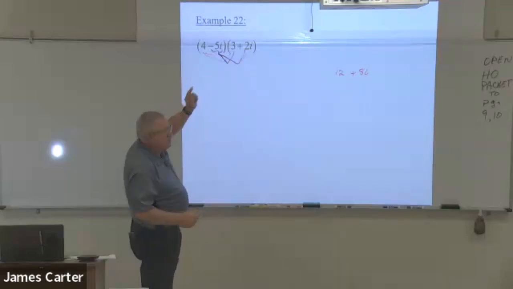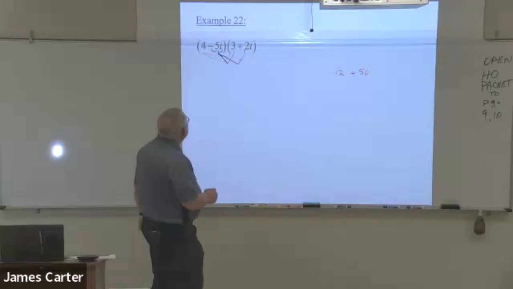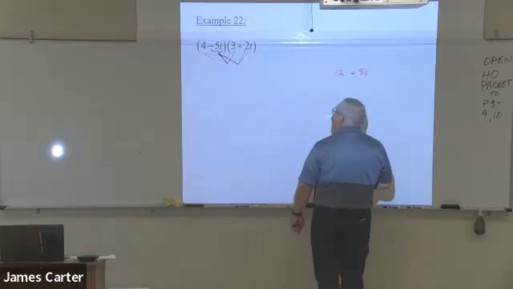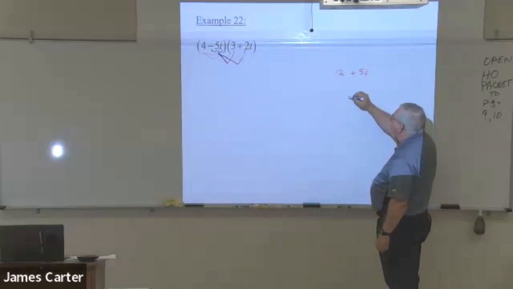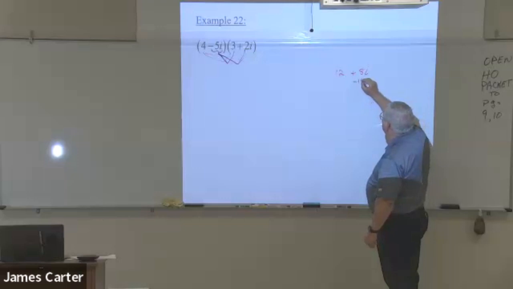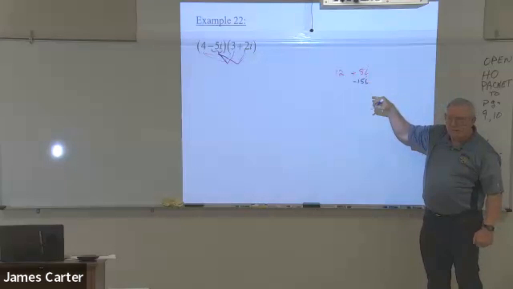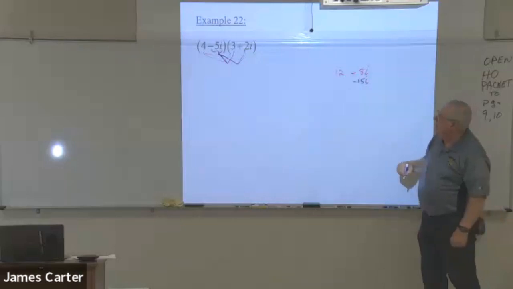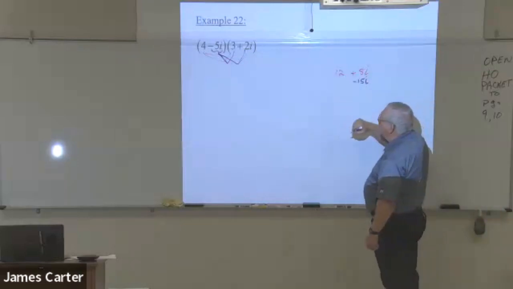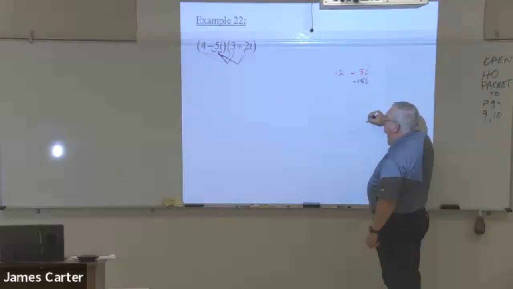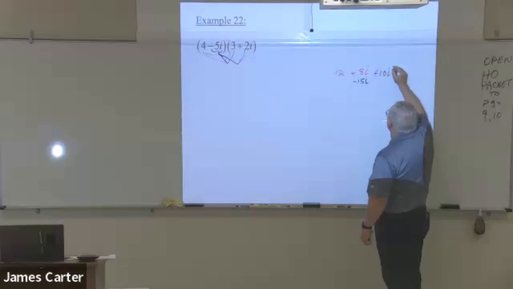So I take negative 5i times 3. That gives me negative 15i. Notice I'm lining up my i's. And then I'm going to take negative 5i times positive 2i, which gives me negative 10i squared.